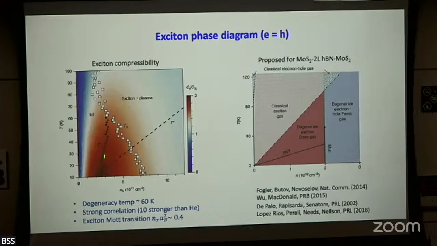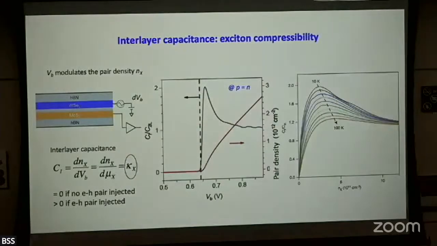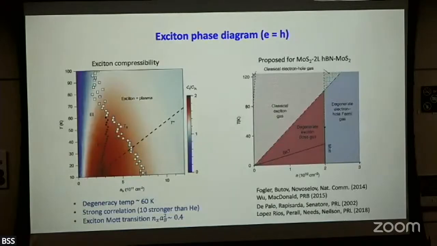And the black dots are the ones where I showed you how the compressibility changes with density at those peaks. That peak tells us when the exciton-exciton interaction becomes comparable to the thermal excitation. You can see that this slope is higher than that, and as a rough estimate, the difference is on the order of 5.